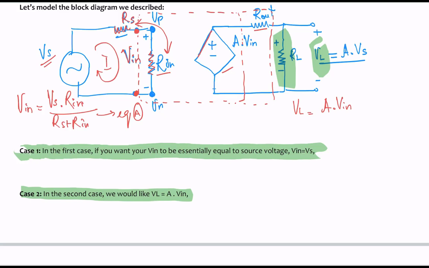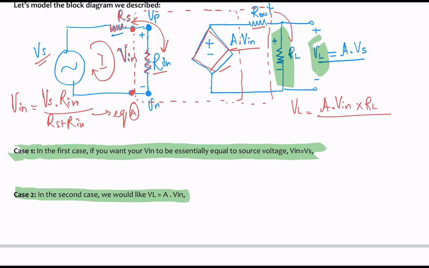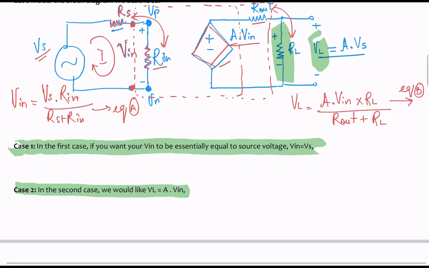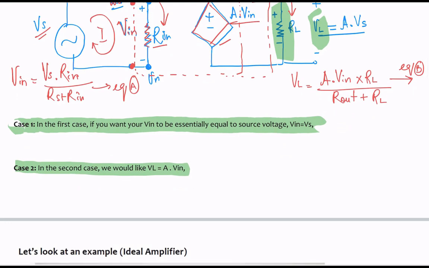Again, remember this source is basically the amplified version of the input voltage. So A times Vn, the source, times RL divided by total resistance, which is again the sum of these two resistances, so Rout plus RL. Okay, equation B.